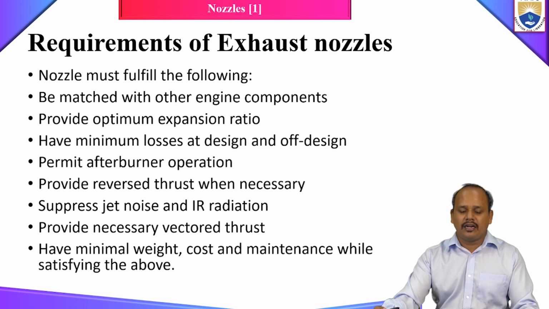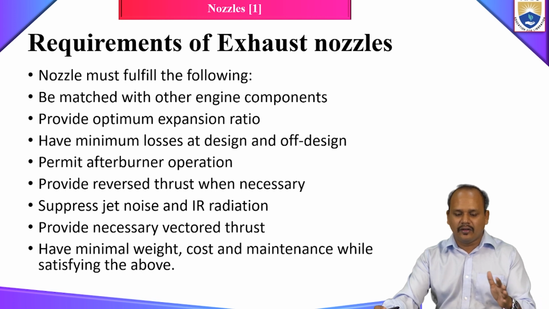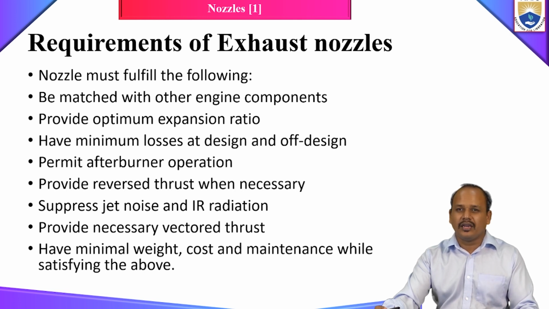For example, the flow coming out of your turbine should be capable of entering the nozzle, and it should be expanded to the optimum expansion ratio. Why does it have to provide the optimum expansion ratio? Because we have seen that if you are not operating your nozzle at the design condition, you have a loss in the thrust. Obviously, the next basic requirement is that it should produce the minimum amount of losses during off-design as well as design conditions.